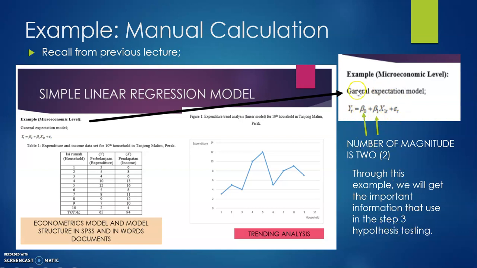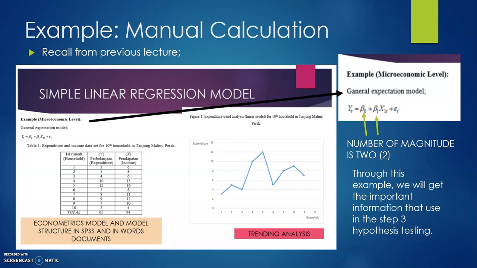Alright, in this information, the variables here are y and x1. To get the relationship between y and x1, we will produce 2 types of magnitude or coefficient, namely beta 1 and beta 0.